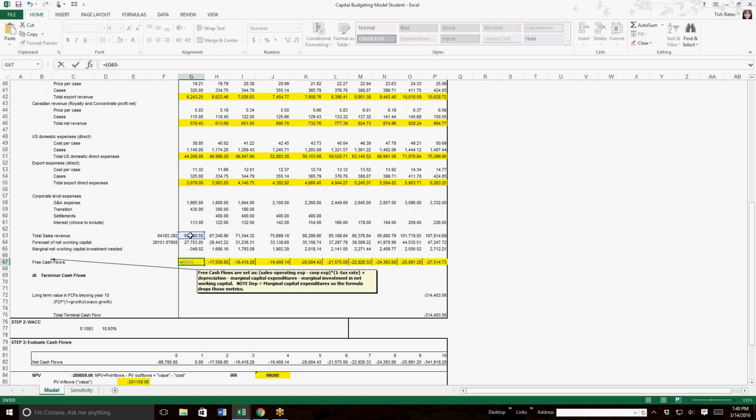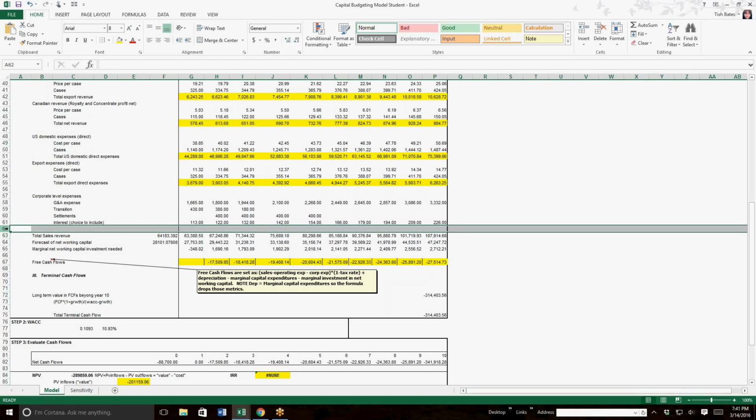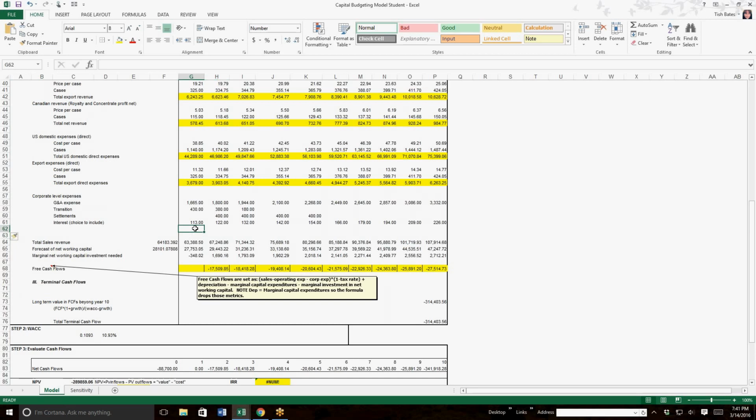She added some rows. So before I do this, she added some rows. So equals... What was the difference between the two?